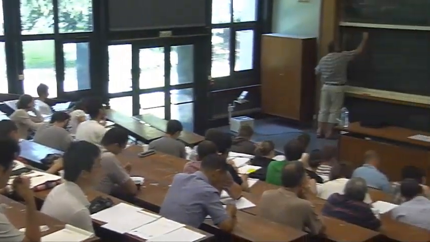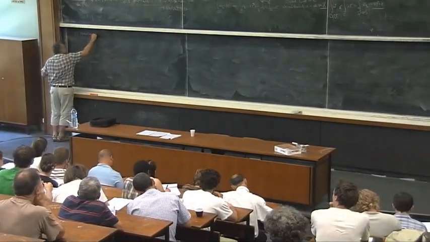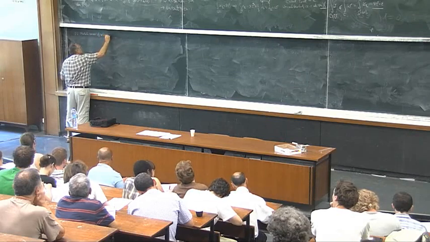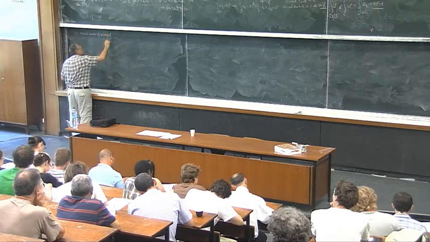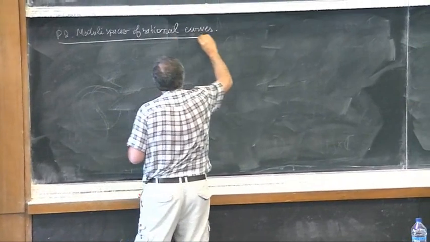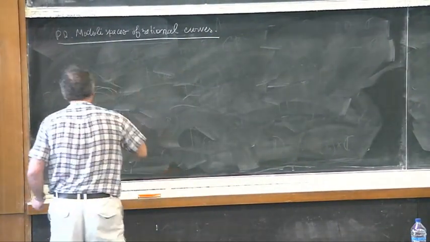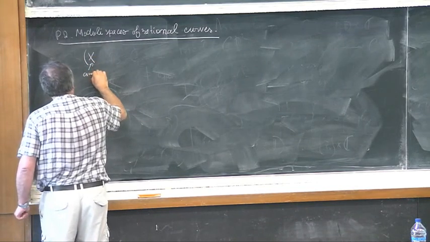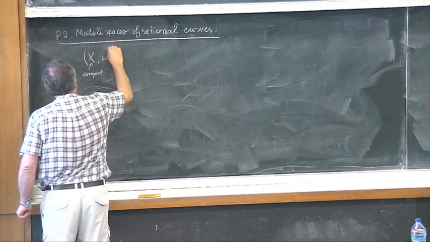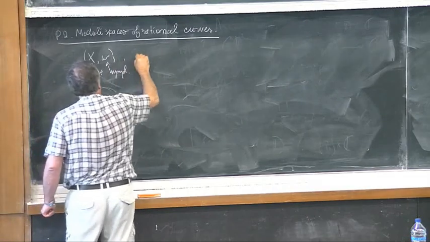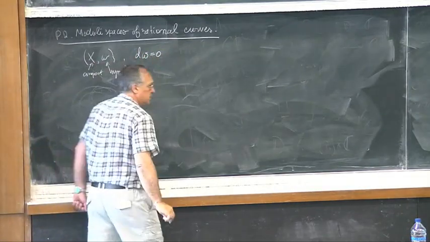Point 2: moduli spaces of rational curves. We consider a compact symplectic manifold X. So in particular, we suppose that this form is closed from now on.